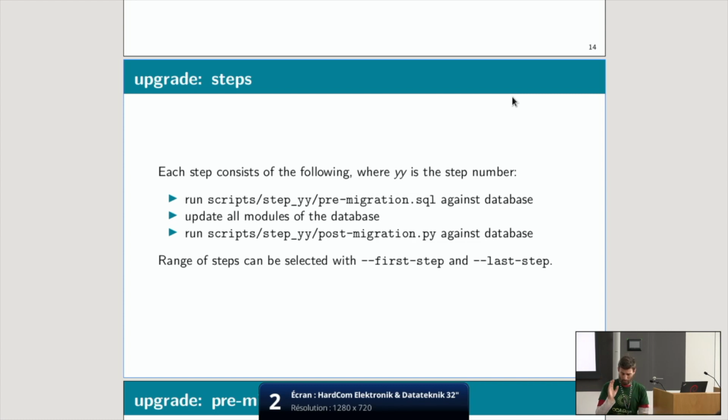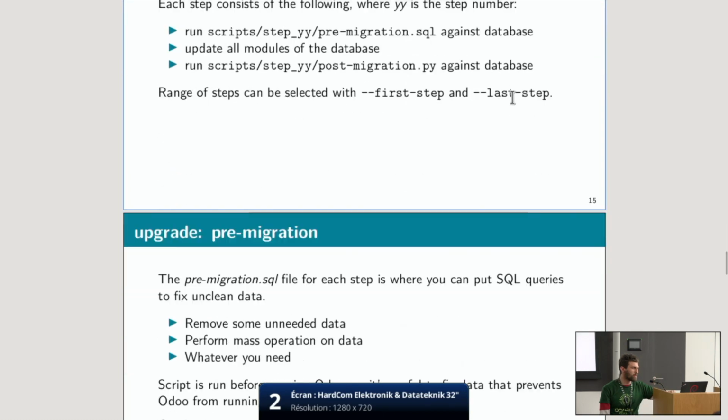These two scripts have nothing to do with the pre and post-migration scripts you can find in OpenUpgrade for each module. These are more generic scripts that are run at each step of the migration. They help you to clean your data and fix things that are not common. I will go deeper into that on the next slide.